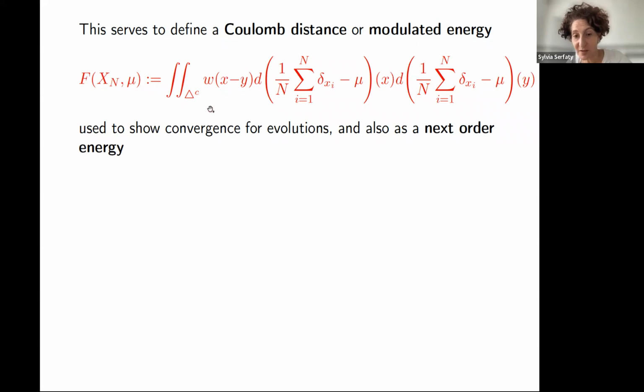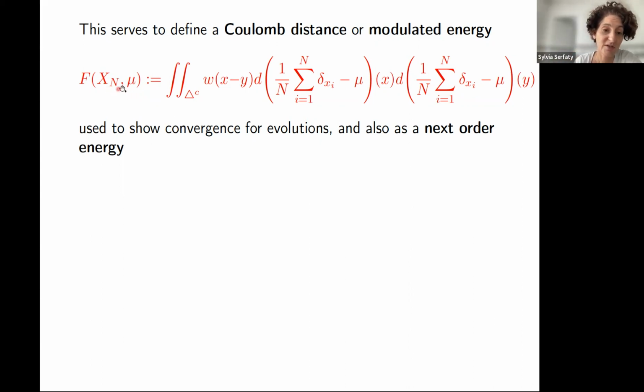So this quantity is like a square distance, if you want. This modulated energy is what I used to show convergence for the evolution equations. What do you do? You plug in here Xn, the evolving points. And for mu, you plug in mu t, the expected limiting distribution, the solution to your PDE, which you think is the limit.